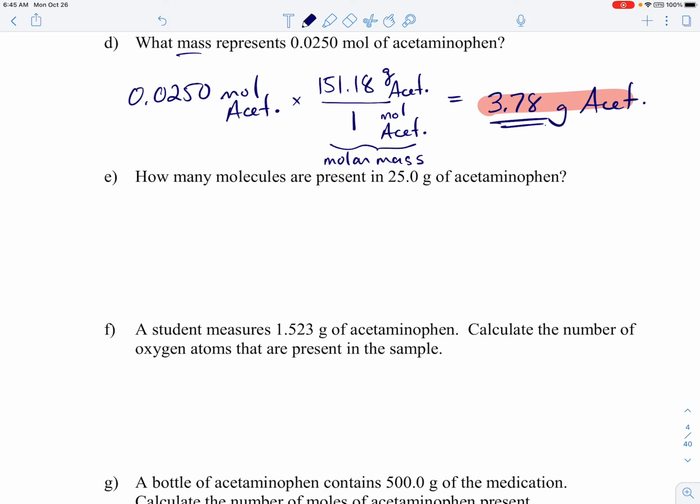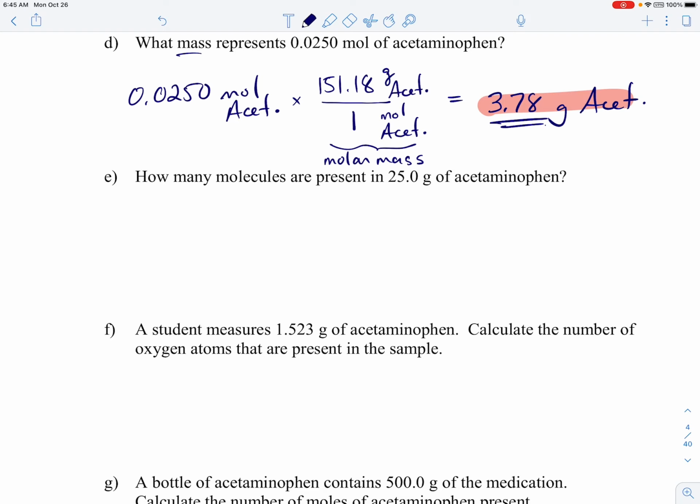So if you've got 25 grams, that's like 50 tablets of Tylenol. How many molecules of acetaminophen are going to be in there? Well, molecules are incredibly small, so there will be an incredibly large number. I'm expecting here to get a huge number of molecules as my answer.